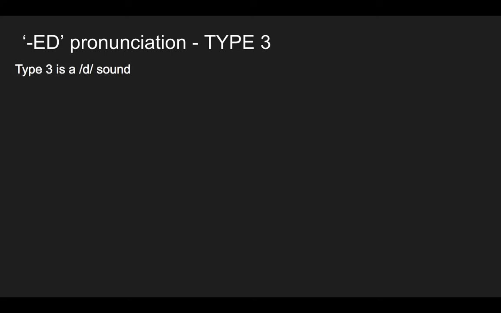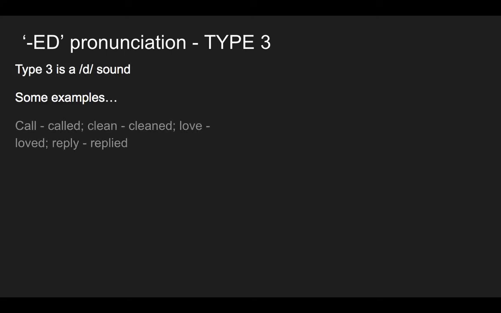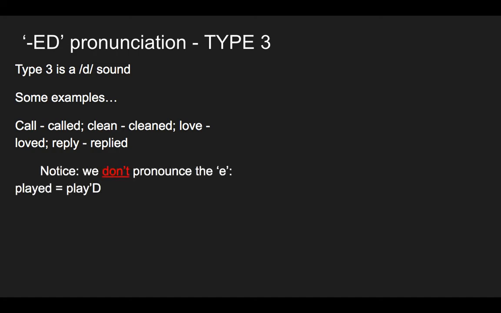And the last type, the d sound: call, called. I have called. Clean, I have cleaned. Love, I have loved. Reply, I have replied. We don't really pronounce the e again. It's like the first one we saw, but with d instead of t. Play, played.